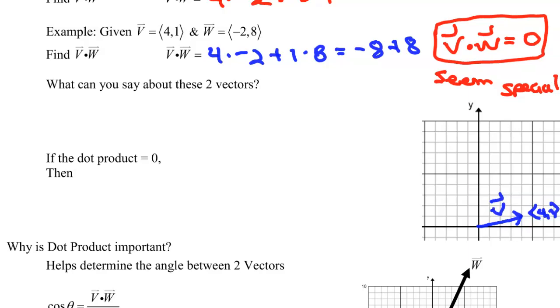And vector w is at negative 2, 8. Here's vector w.